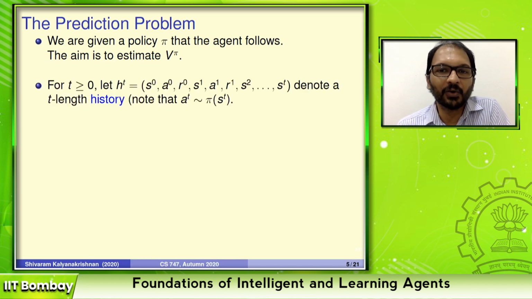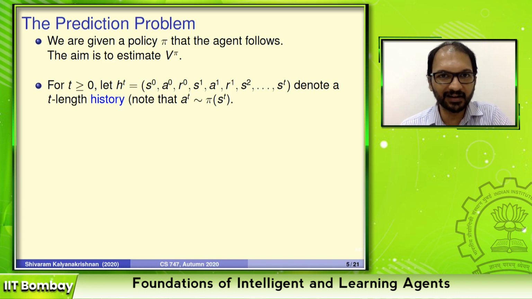Again, what the agent can depend upon is history: state, action, reward, state, action, reward. But to note in the context of prediction is that the actions are taken according to this given policy. The agent does not have arbitrary control on which action it can take.